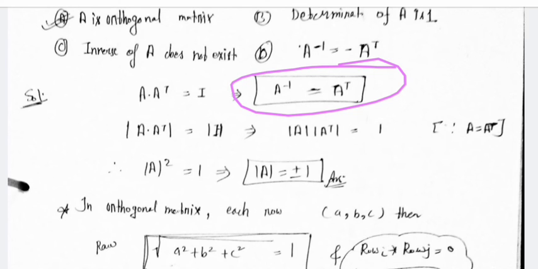After solving this, the determinant must be 1 in the case of an orthogonal matrix. So after solving this matrix, we get the determinant is 1, so it is an orthogonal matrix.